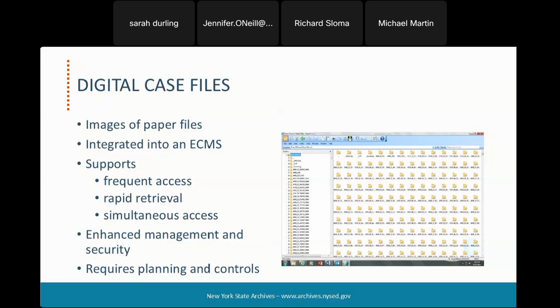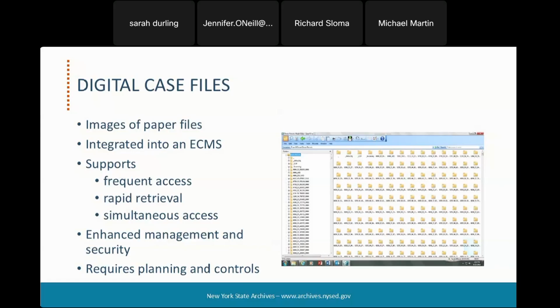Case files that are good candidates for scanning would be those that are frequently accessed. If they're properly set up within your network drive or content management system, they could allow for frequent and rapid retrieval.